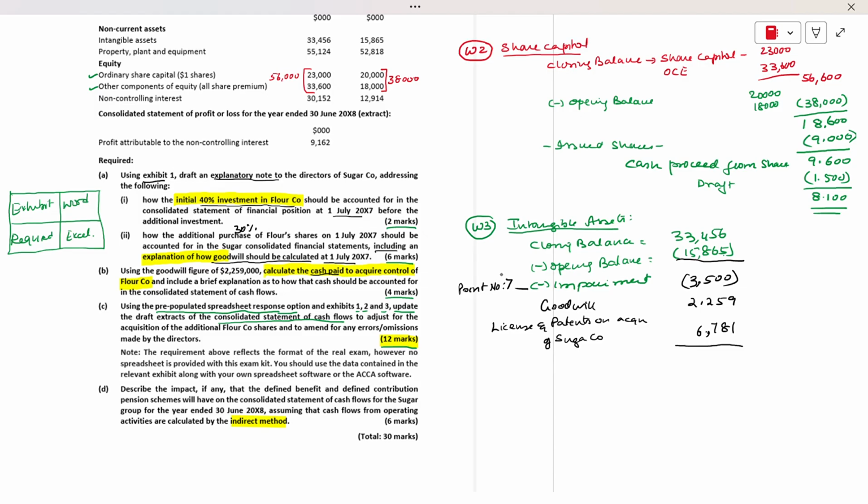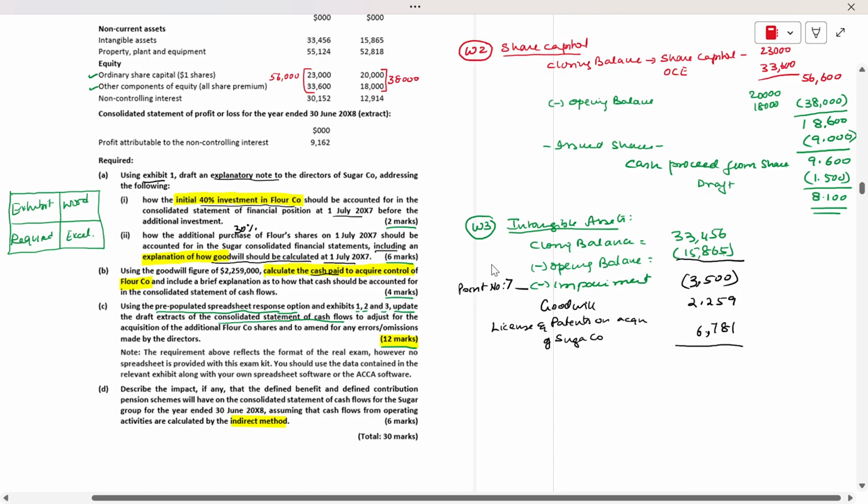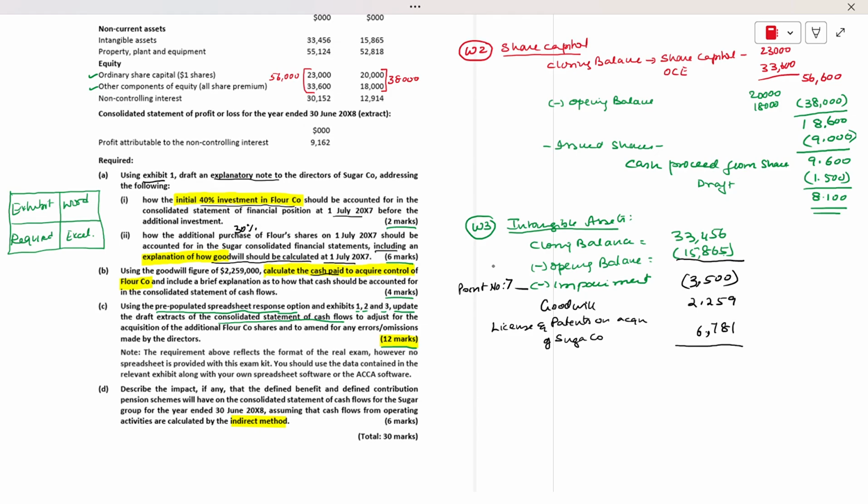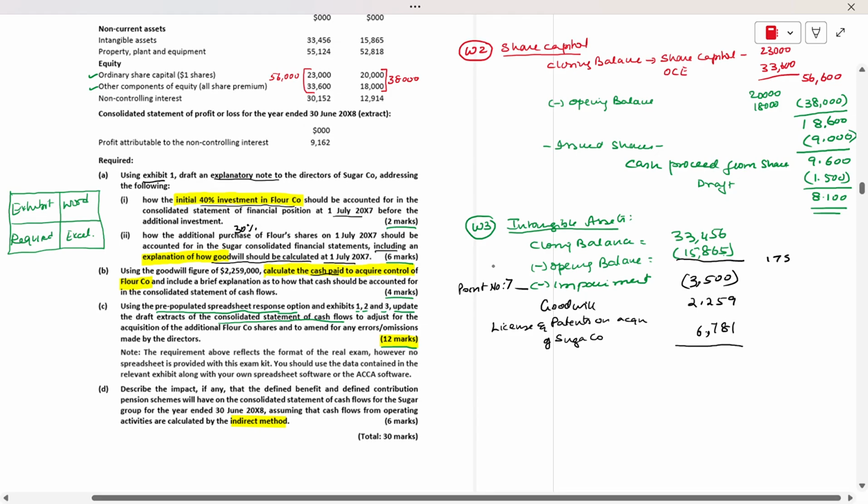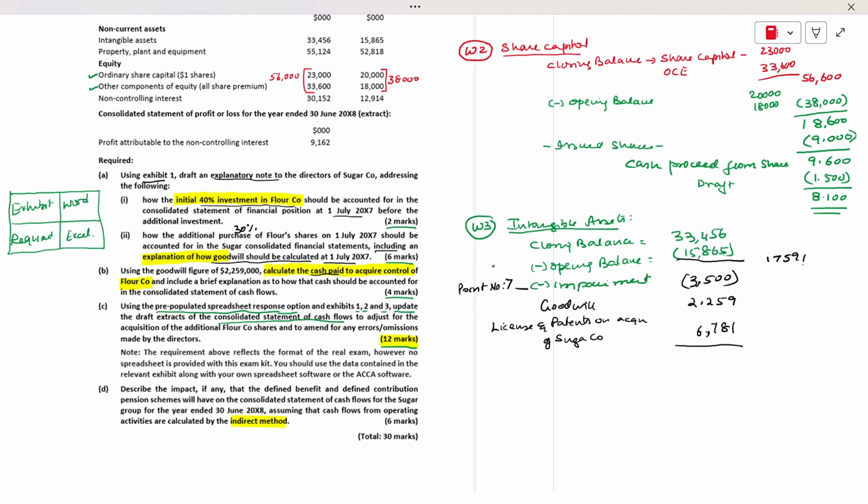33,456 minus 15,865 minus plus. Okay, fine. One second. It comes to how much? 7,591. One minute. 2259, 6781.